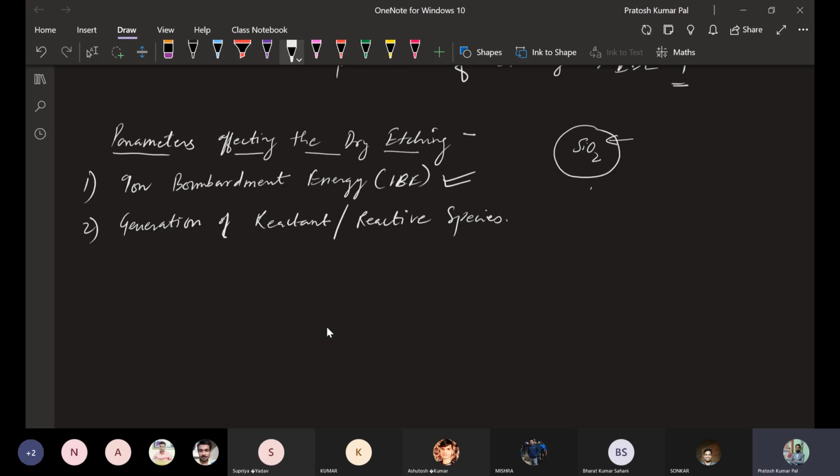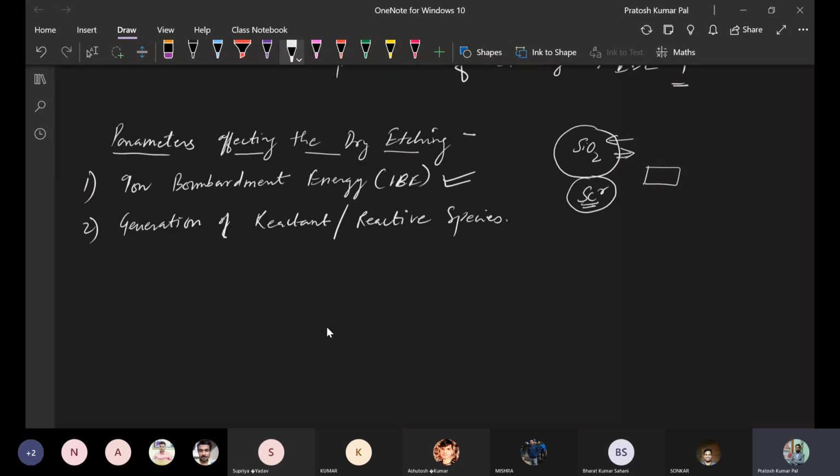It will not react with the semiconductor surface. But in case of ion bombardment, if ions have sufficient energy, they can remove SiO2. Along with that, if the energy is high, it will not identify whether it is SiO2 or the semiconductor surface. Wherever it is projected, it will remove the whole area.